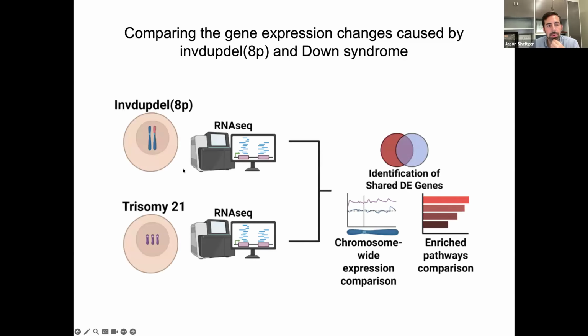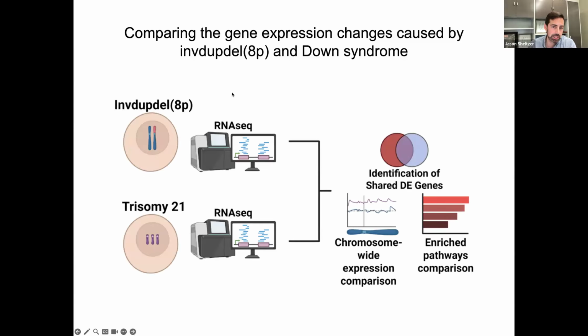The next thing that we wanted to do using these cells is look at the effects of inversion, duplication, deletion 8p and compare them to cells from another chromosome disorder that a lot more is known about and that's more commonly studied, which is Down syndrome. So we took our cells that have an inversion, duplication, deletion of 8p.